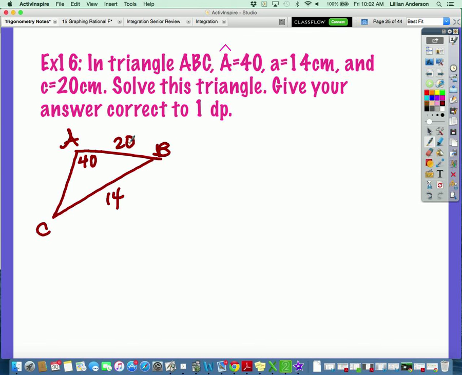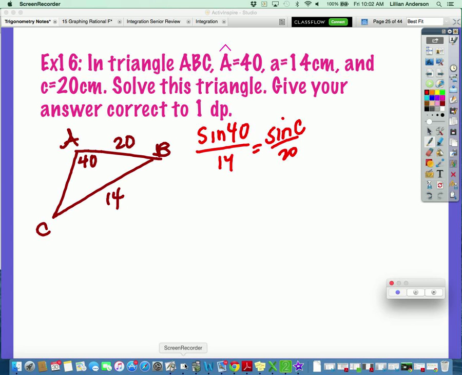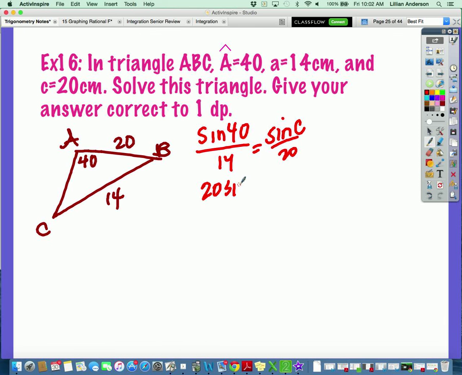First thing to do when you're checking for the ambiguous case is to find the angle. Which angle are we going to find here? C. So we'll set it up. Sine of 40 over 14 equals the sine of C over 20. To find C, multiply by 20, and with that answer, get the inverse sine.